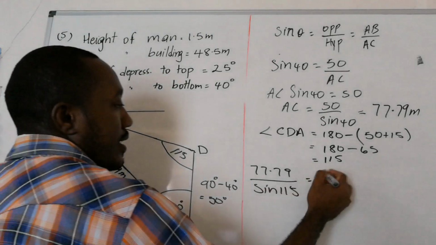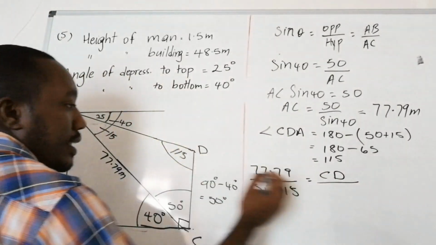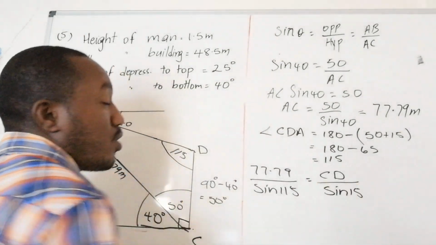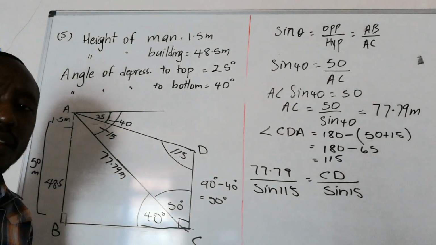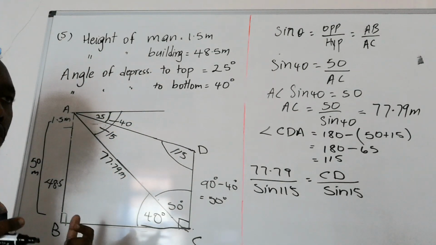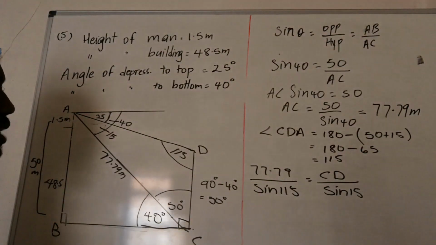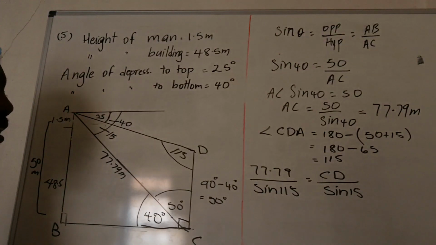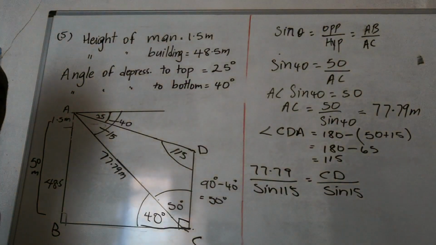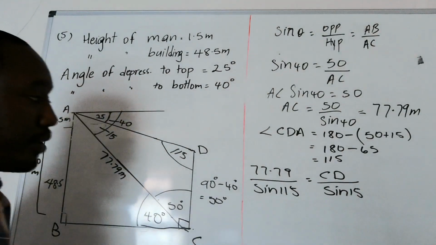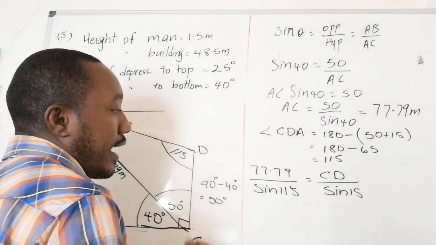The side we need is CD, and the angle opposite that side is sine 15. So you see how we are applying all the knowledge we had from our trig ratios, our sine rule, our cosine rule. Well, we didn't do much cosine rule here, but we are applying all of that to calculate the sides and the angles, not only in our bearings, but also in the angles of depression and elevation. So let's transpose to find the height of the building.